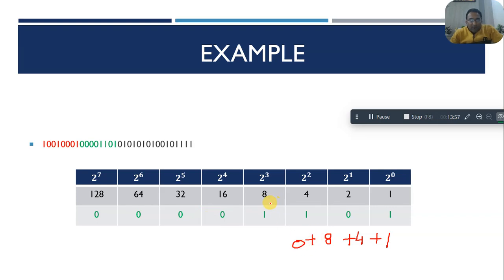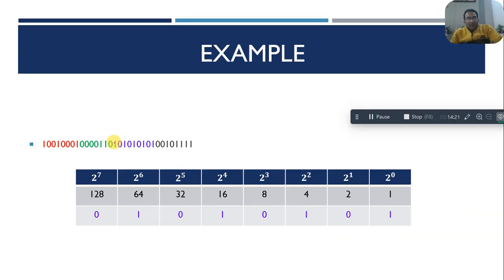So the number will be 8 plus 4 is 12, plus 1 is 13. So the binary conversion of this 8 bits is equal to 13. So till now we have identified the first octet, which is 145. Then the second, which is in the green color, has a decimal number equal to 13.